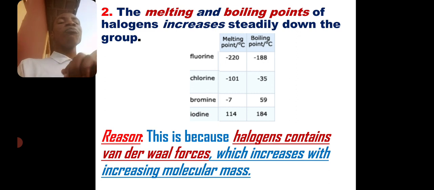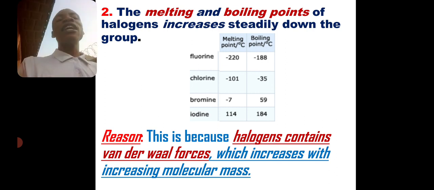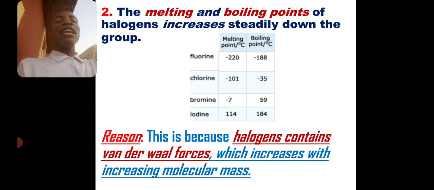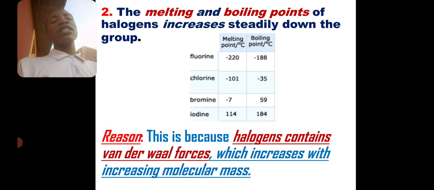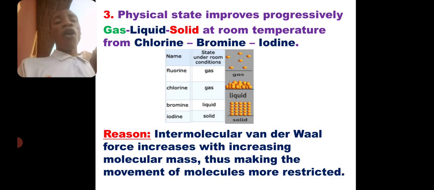As you can see from the screen, fluorine has a melting point of -220 and boils at -188. As you go down the group, you see a progressive increase in melting point and a progressive increase in the boiling point of these halogens.